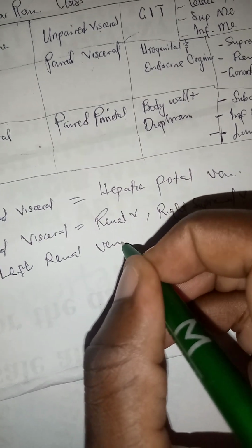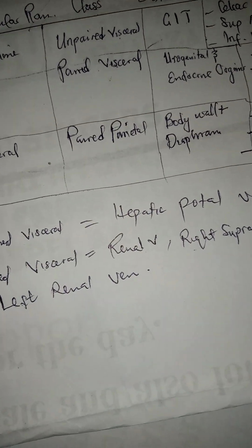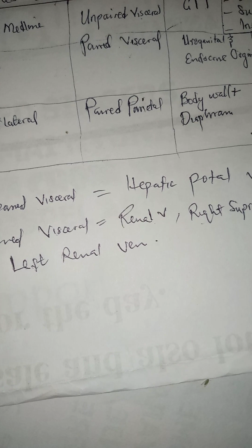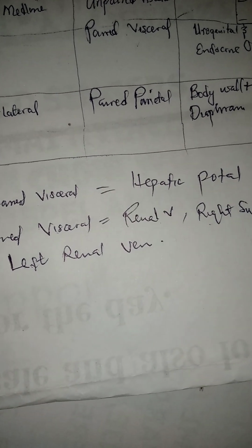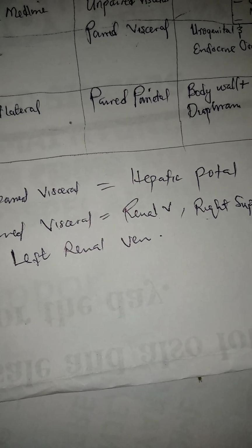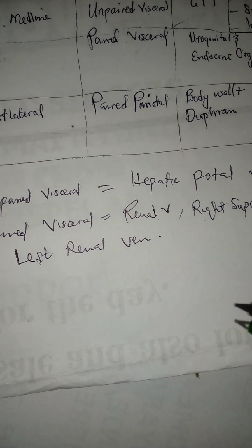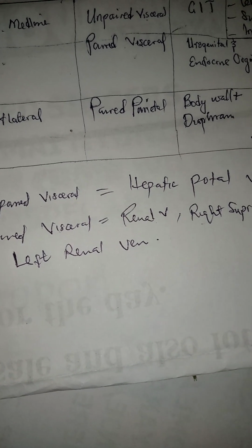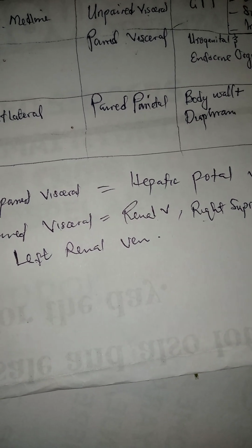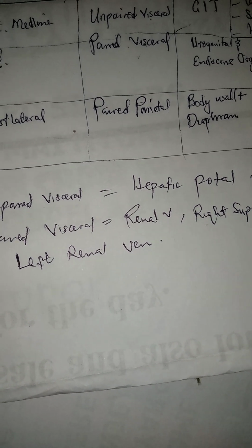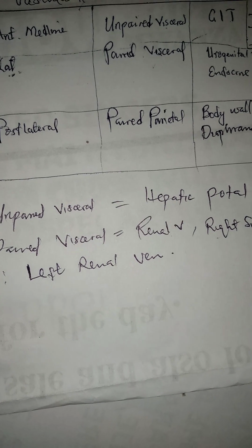Okay, and then we have the last one, which was the paired posterolateral branch. It also corresponds to the inferior phrenic vein, the lumbar vein, as well as the common iliac vein.